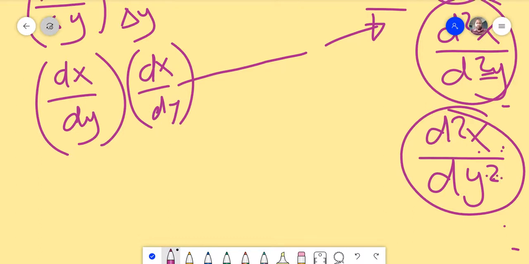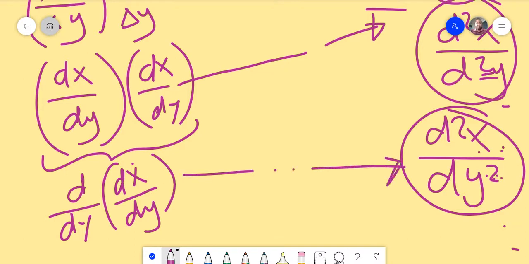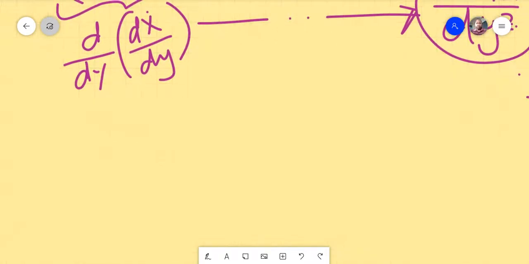But I shall tell you, this one here can also be written as d dy and then dx over dy. It means that you are differentiating dx again with respect to what? To y.